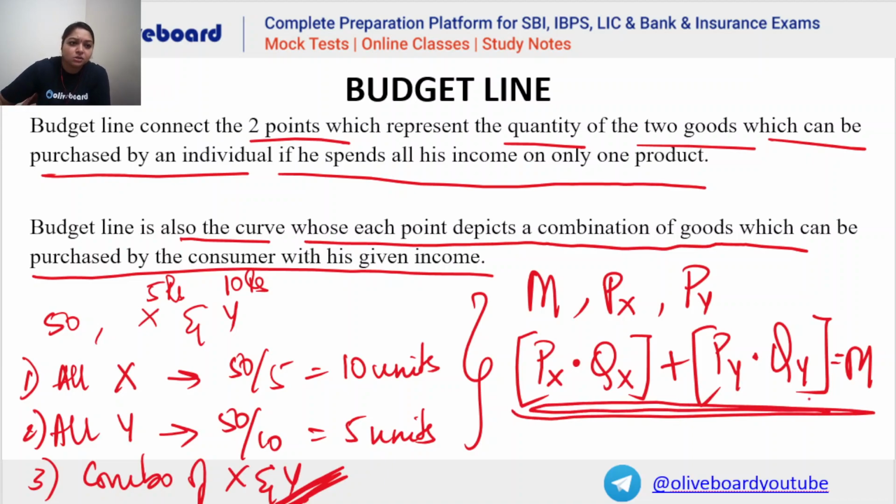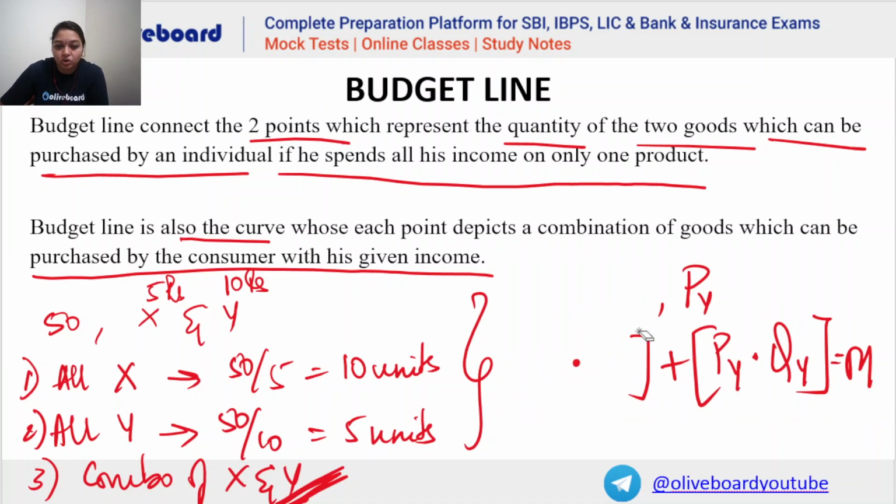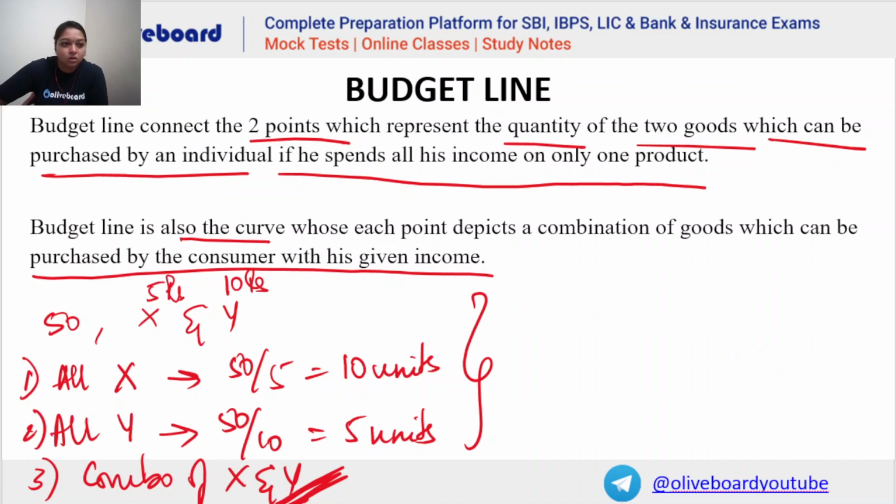Okay. Now what is the budget line? Let me clear this to draw the budget line. So in this example, can you see the first and second point? When a line connects these 2 points, then we say that line is a budget line.